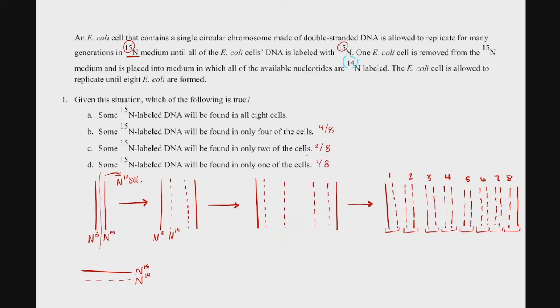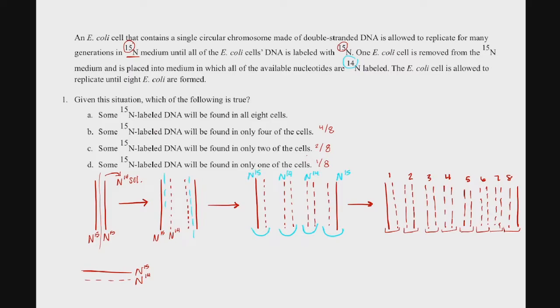I try to draw these things ahead so I can get through them with you more concisely. So in that case, we're splitting down the center of these 2 lines, and we're still in that N14 medium, so we're producing N14 strands, and then those strands that were originally N15 in the very beginning.